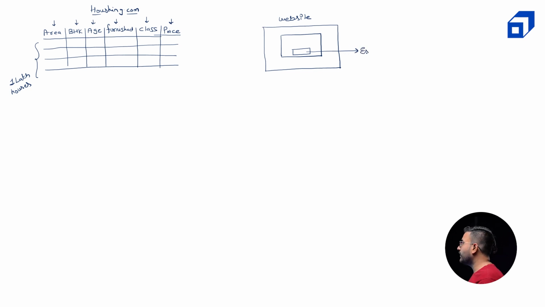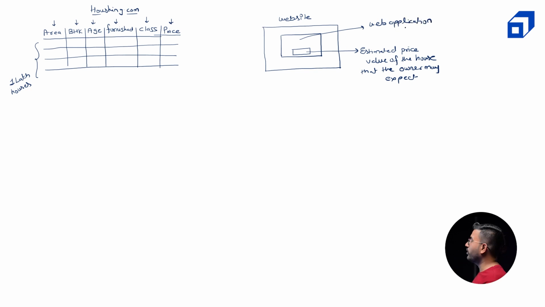So what is the estimated price or the value of the house that the owner may expect? Now, in order to generate this kind of web application, which can compute the price of the house given various inputs.